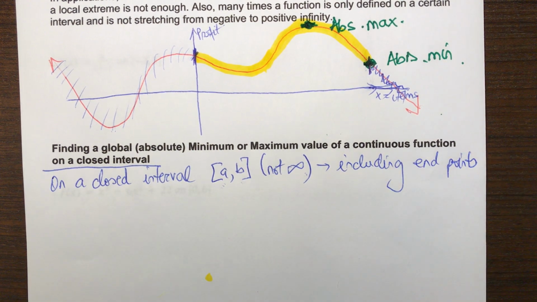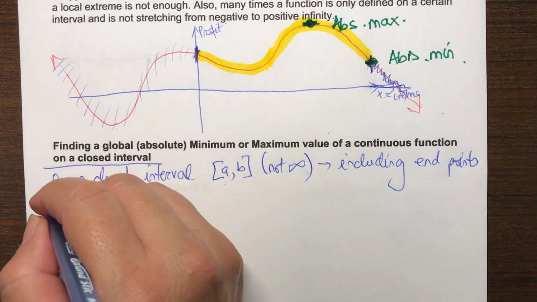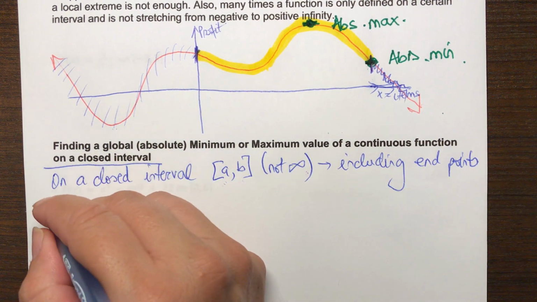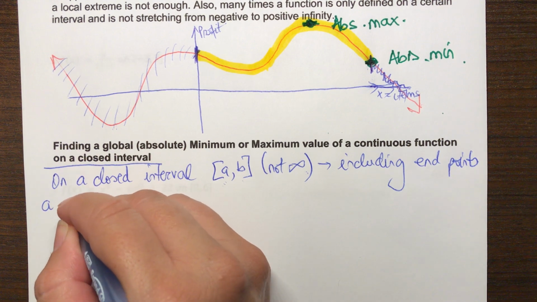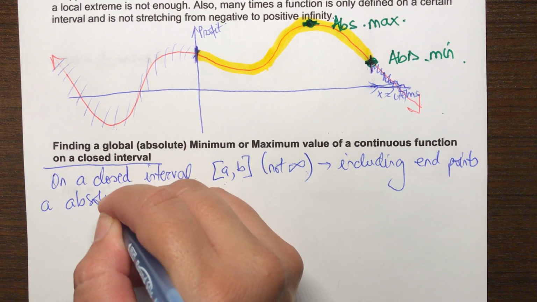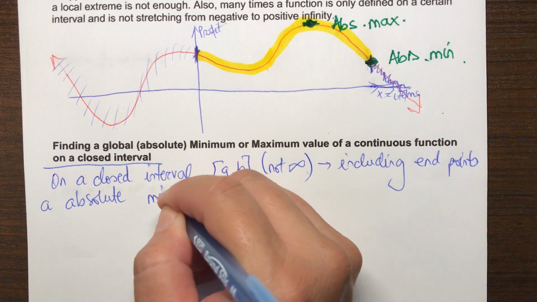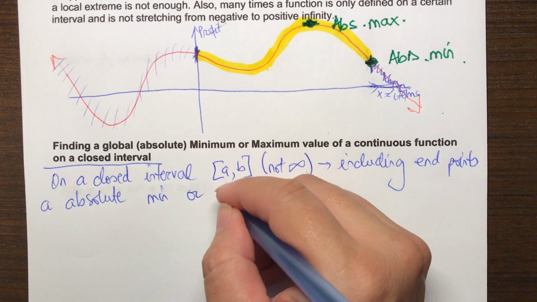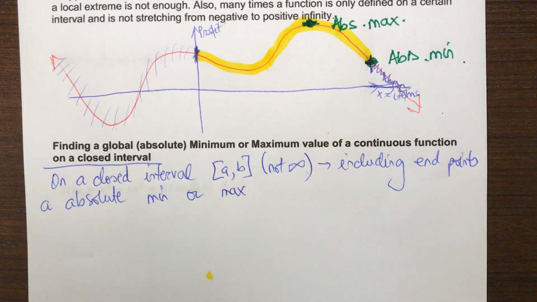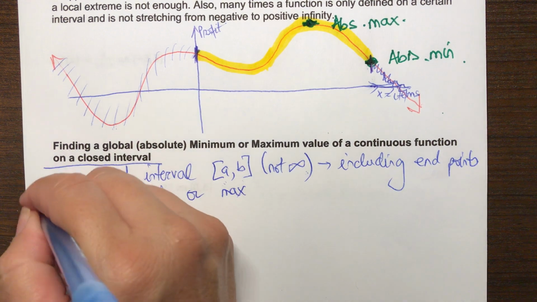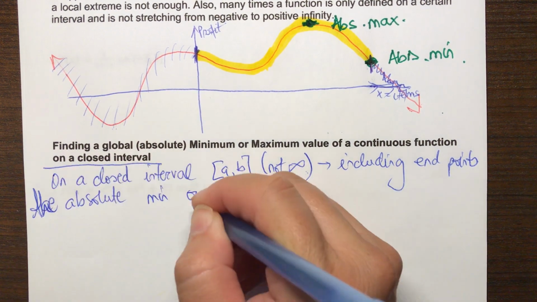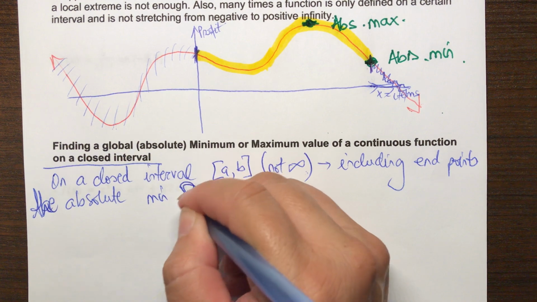Okay? So on a closed interval, when you have the endpoints included, the absolute min and max, you're going to have both.